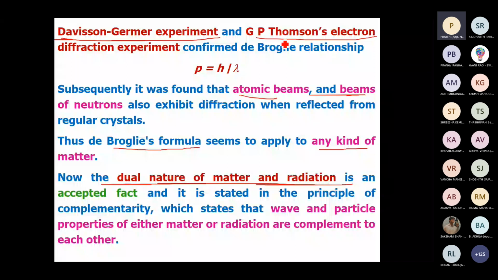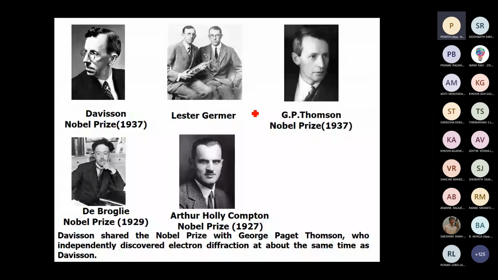I'll put the entire thing in one picture. You can see here Davisson and Germer, who verified the de Broglie hypothesis. Separately, G.P. Thomson was doing an electron diffraction experiment using some other setup, observing some patterns, and Davisson and Germer did their experiment.